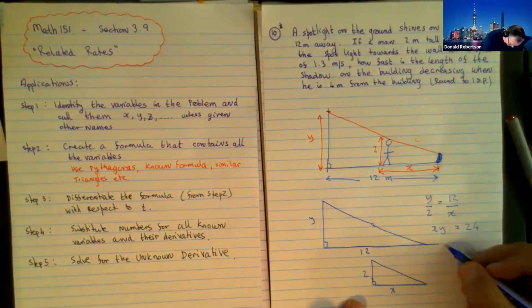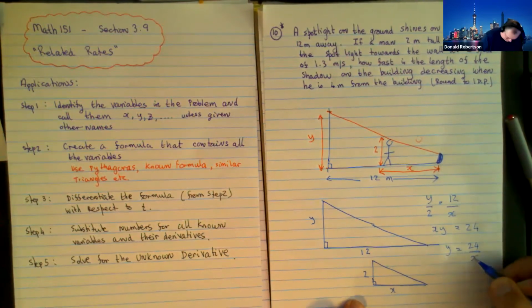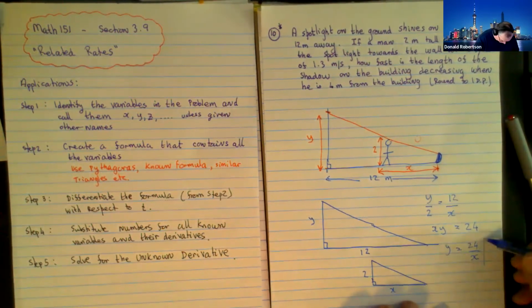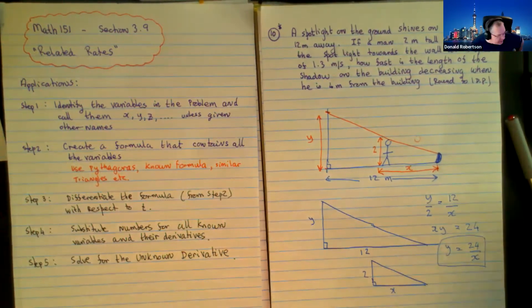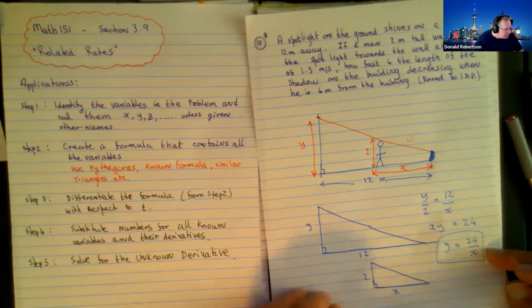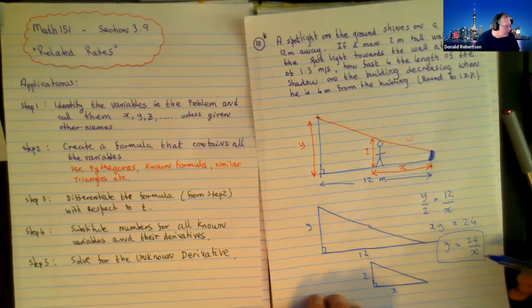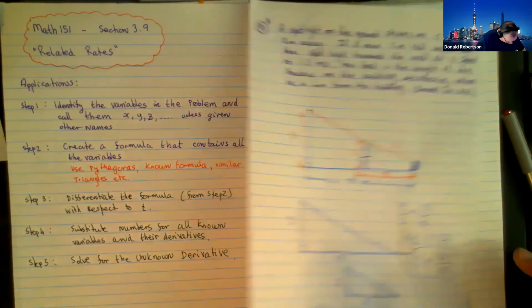Cross multiply and then divide. So this is the formula that is connecting the two variables x and y together. Are we comfortable about that? Now, could I have left it like that? Yes, I could, but that one I think is easy to deal with, so I will use that one.